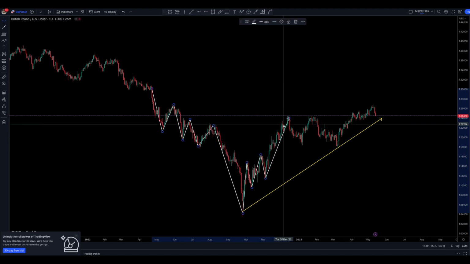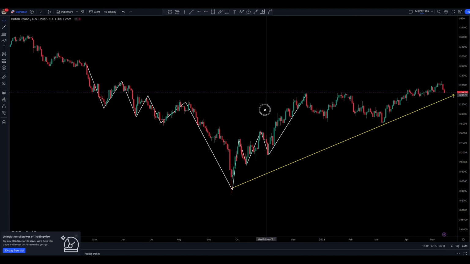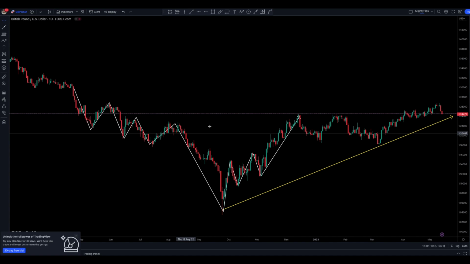In this case, what I see is a shift in market structure from last year's downtrend to this lowest low, which created a lower high, lower than this high here, and then this lower high was broken by that higher high.